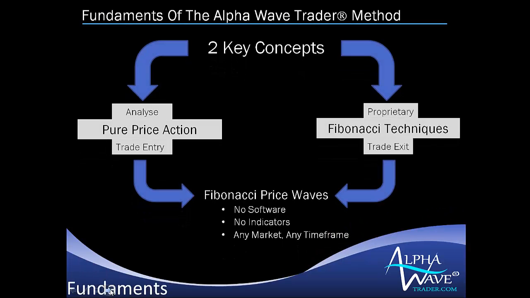In summary, the Alpha Wave Trader method is based on two concepts: pure price for entry, Fibonacci for exits. No software, no indicators of any kind. The method applies to any instrument, any time frame, any platform. I work with traders from Dubai to Beirut to Israel to South Africa who trade instruments and platforms I've never heard of.